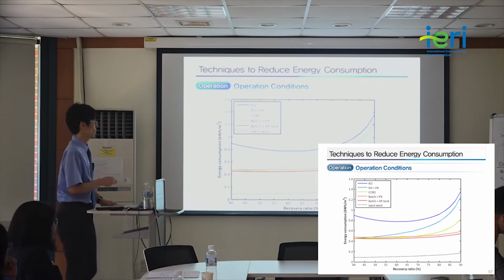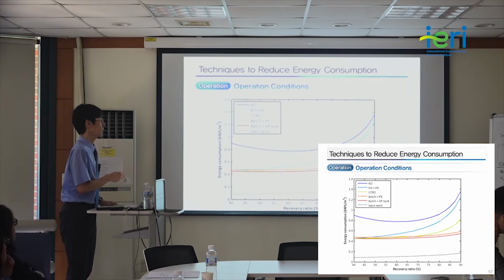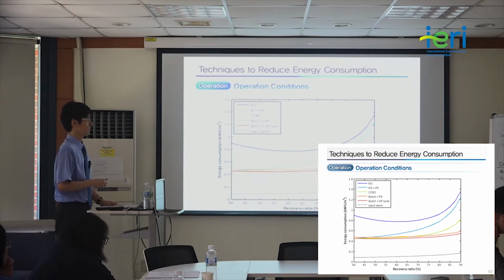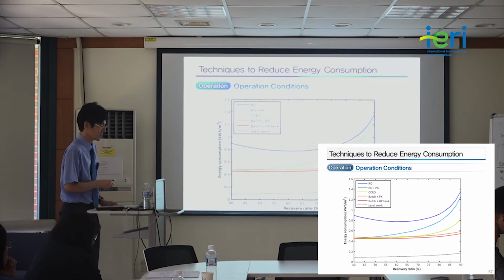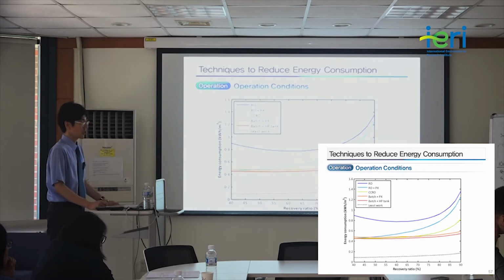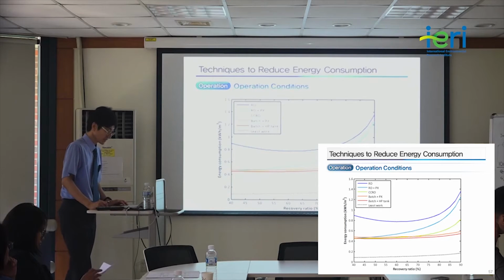So the behavior of the reverse osmosis changes with and without the energy recovery device. This is why the effect of recovery on the energy consumption is far more complicated than you can simply expect.